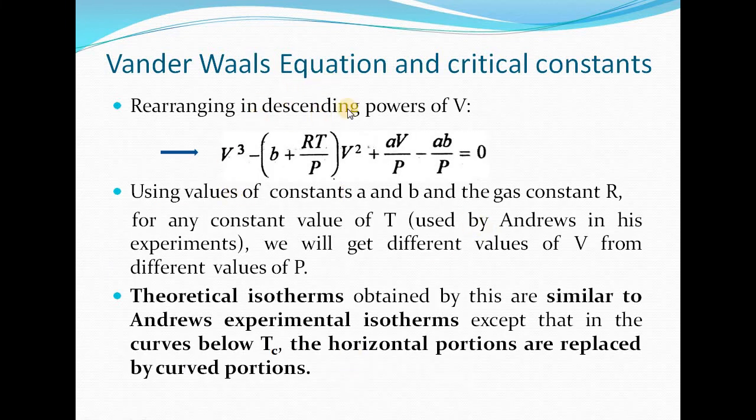Now rearranging in descending powers of volume, we finally get the equation V³ − (b + RT/P)V² + aV/P − ab/P = 0.